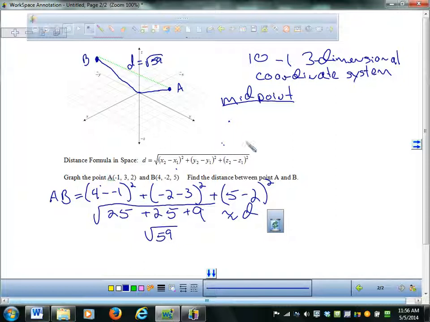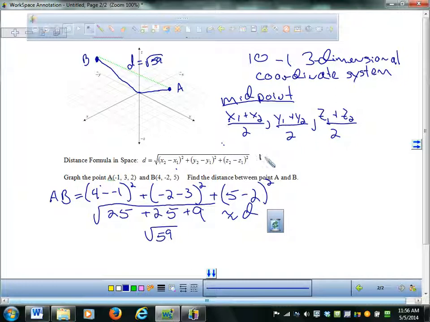The way you do that is by plugging into (x1 plus x2) divided by 2, comma, (y1 plus y2) divided by 2, comma, (z1 plus z2) divided by 2.